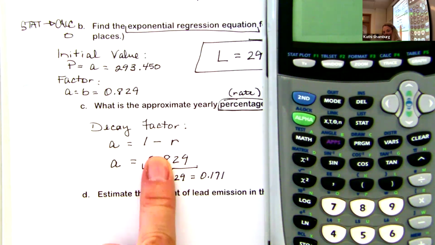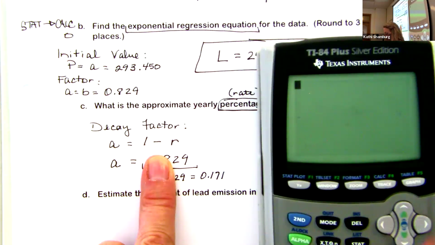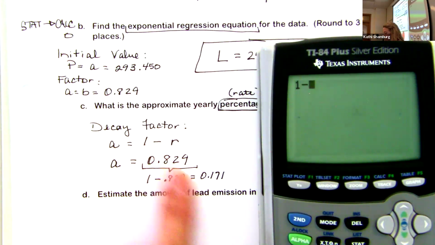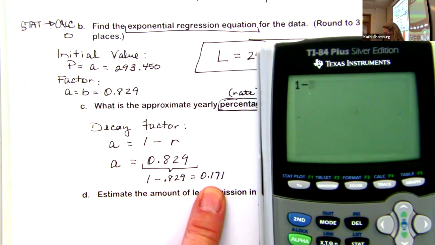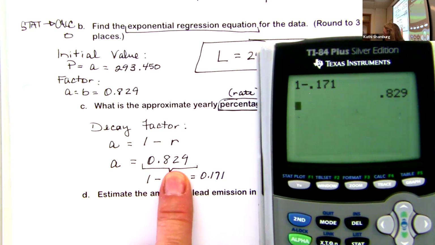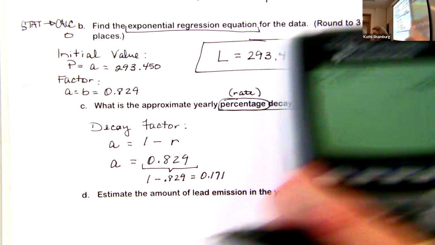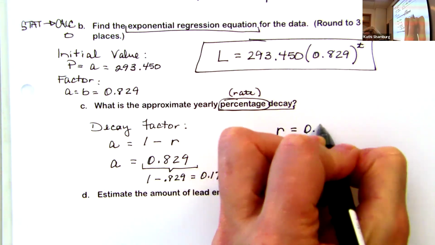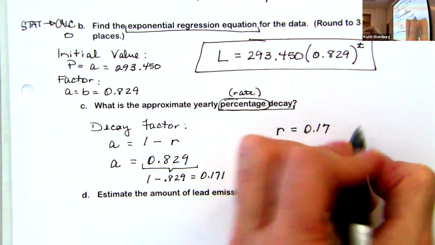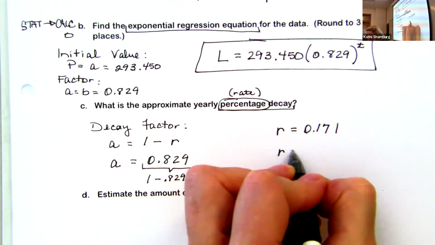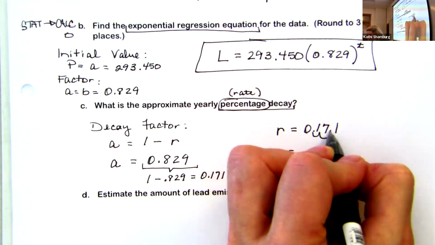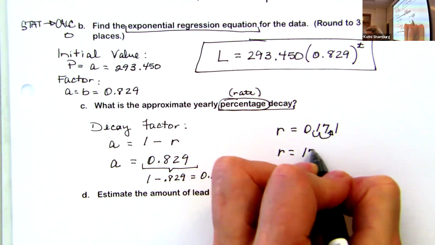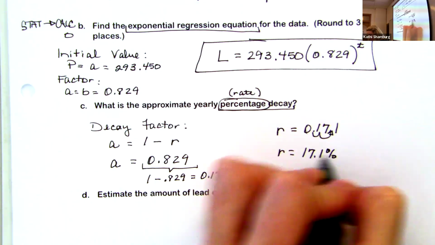Notice if I put in 1 minus 0.171, I get my factor, 0.829. So we just found the rate to be 0.171, but it wants it as a percent. Move the decimal 2 places to the right, 17.1%.